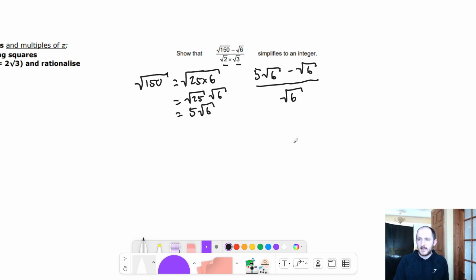Now I can actually cancel out everything, but actually first of all I'm going to do 4 root 6, because when you subtract you can just subtract them. So those two cancel and the answer would just be left as 4. So in this case I didn't have to rationalise the denominator, but if I wanted to I would just times by the square root, and that would automatically get rid of said square root.